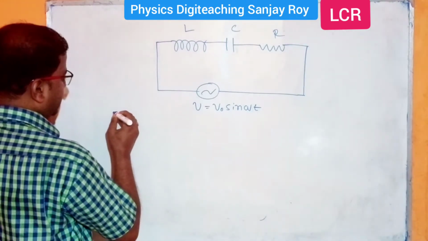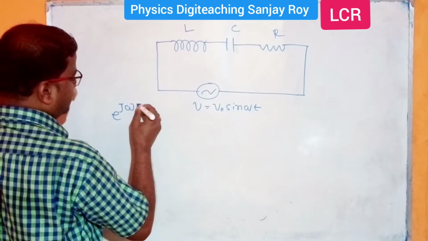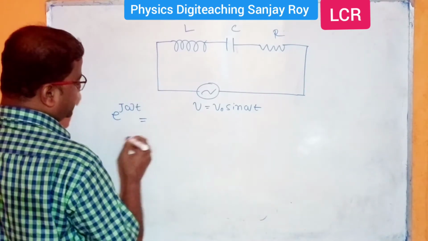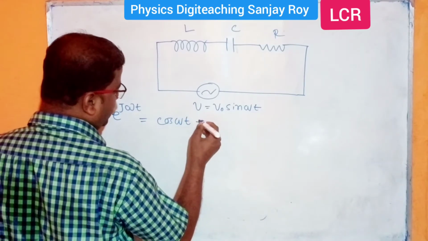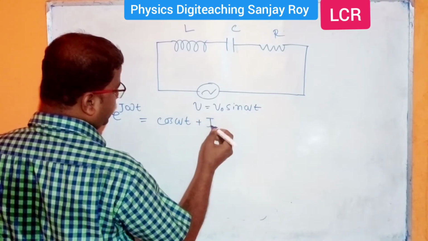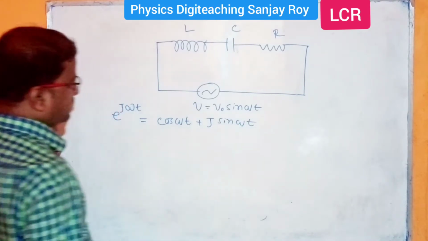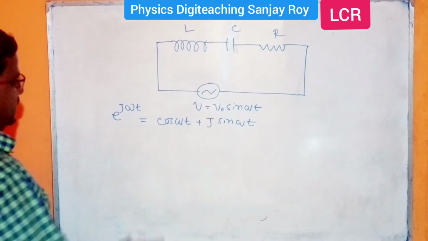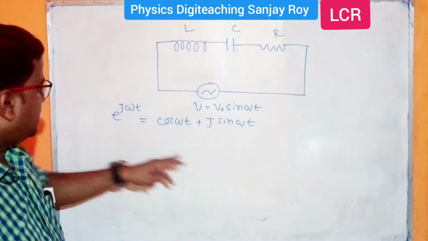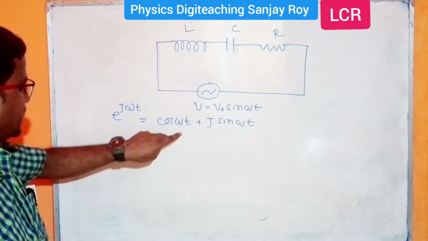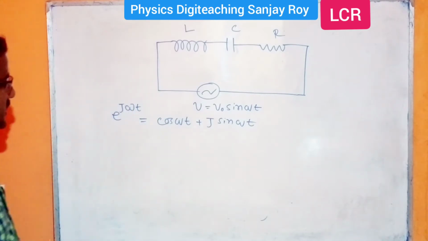We have seen e to the power j omega t can be written as cos omega t plus j sin omega t. Here we see that sin omega t is the imaginary part of e to the power j omega t, and cos omega t is the real part of e to the power j omega t.